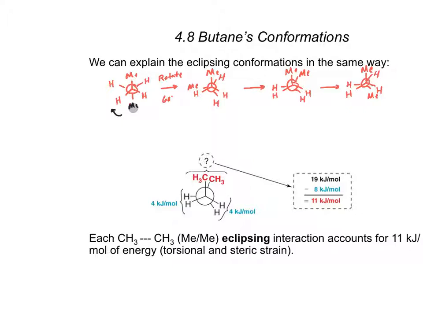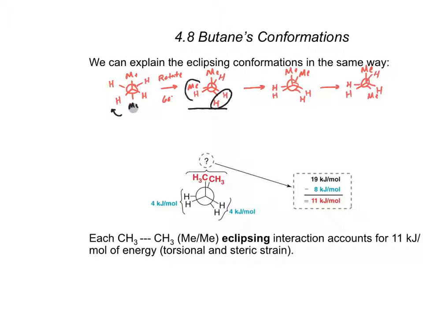Now, we should be able to predict these energies already with what we already know in theory, right? So if we look at our first eclipsing conformation, what type of eclipses do we see here? So first off, we've got a hydrogen-hydrogen eclipse, right?